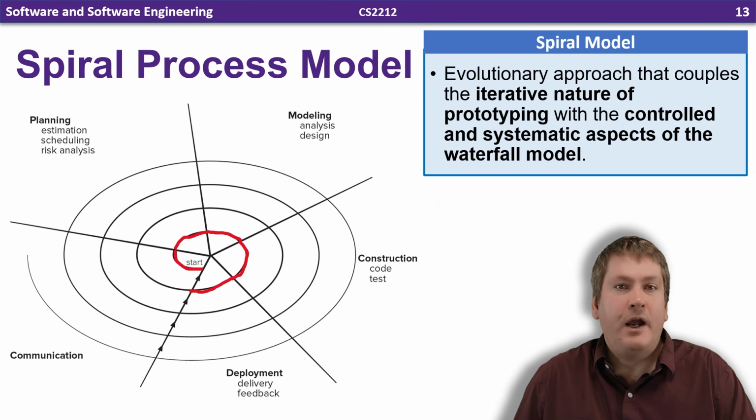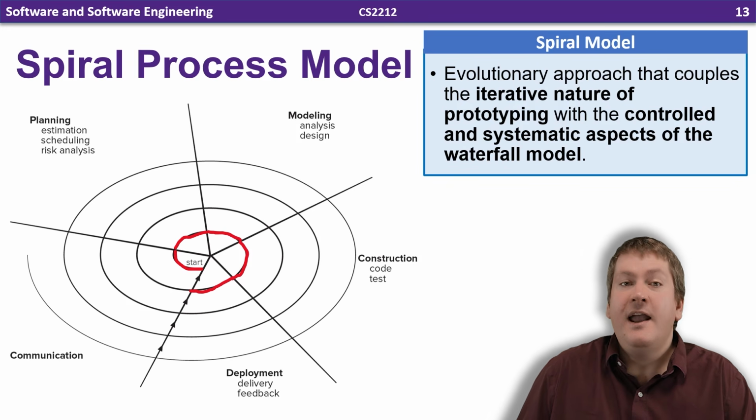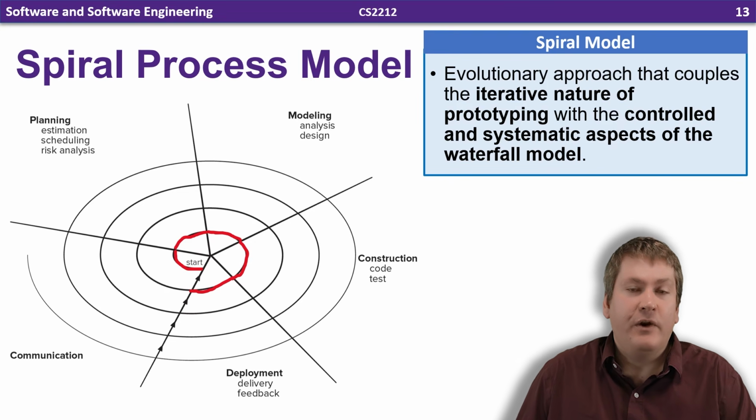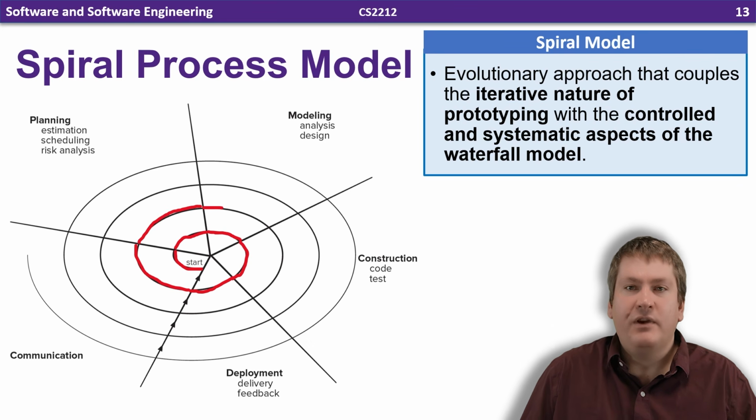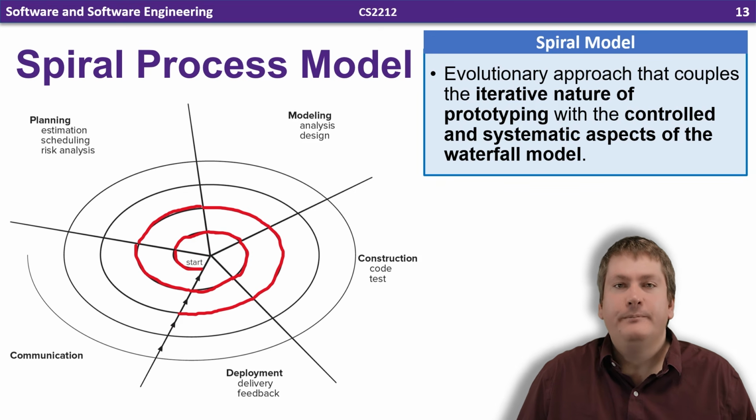Each completion of this spiral results in a progressively more sophisticated version of the software, and feedback from stakeholders and users is used to guide the next iteration, or the next spiral. At each planning phase, the project is reassessed, and the cost and schedule are adjusted as needed.